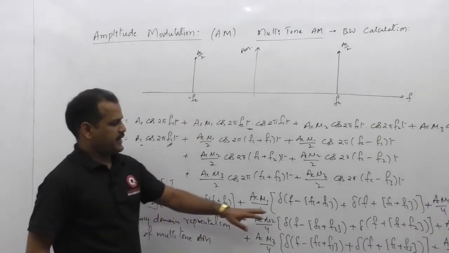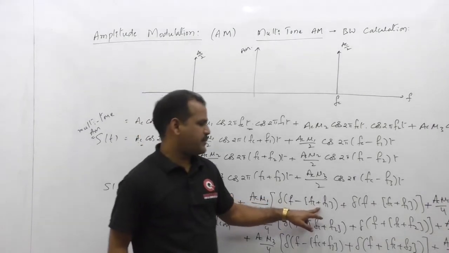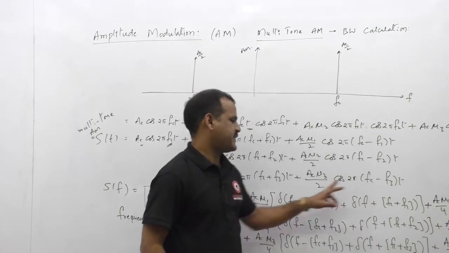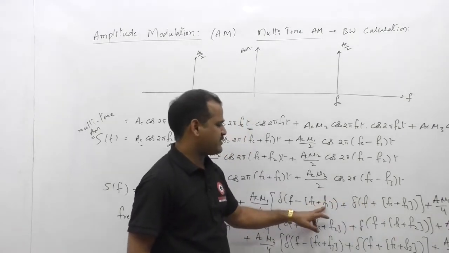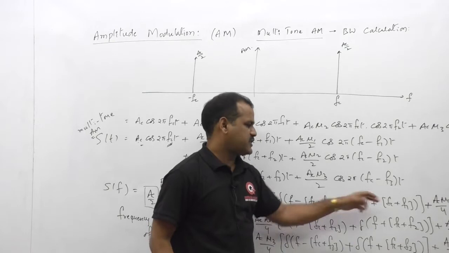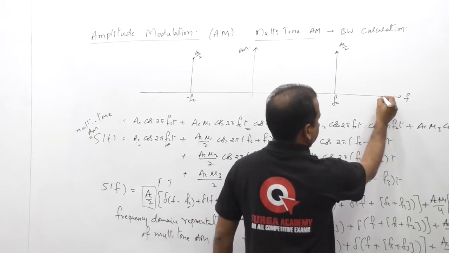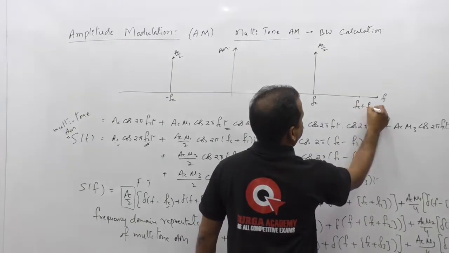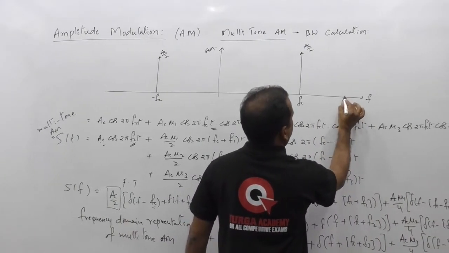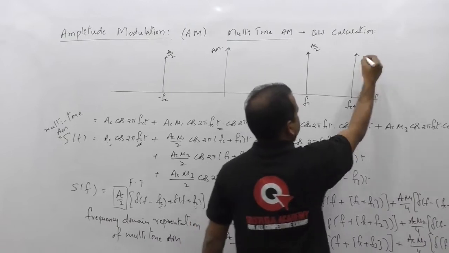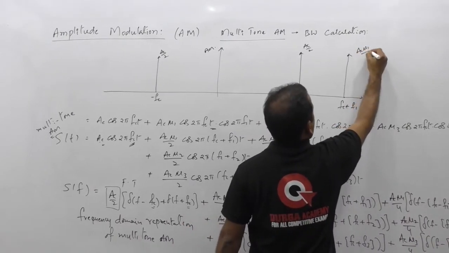Next, we are getting the first upper sideband frequency components, both right side and left side. So at Fc plus F1, this is the right side delta function, this is the left side delta function we have. I am taking this Fc plus F1 here. This has amplitude AC mu1 by 4.